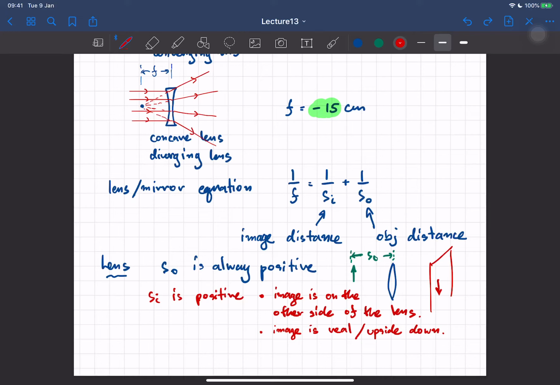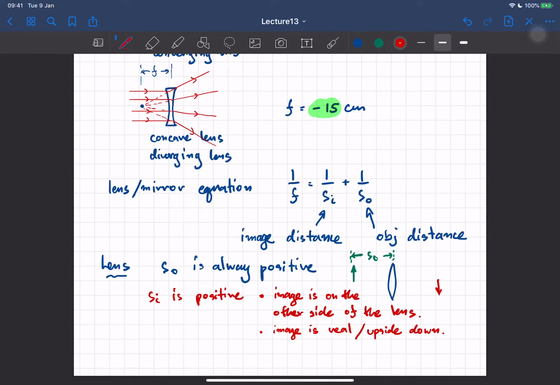So the object inside the projector, which is the screen, is actually upside down, so that when you see it on the screen, it's upright, so that you can read it normally. So that's for positive SI.